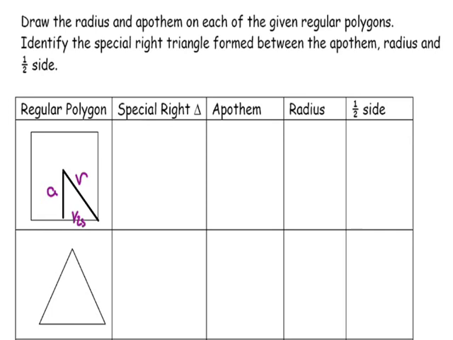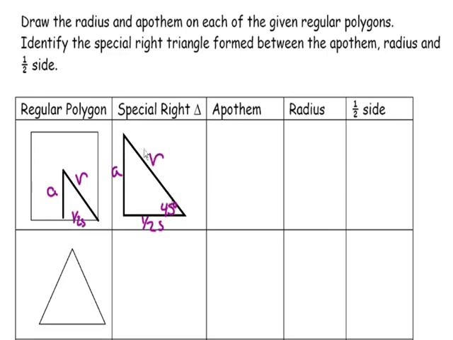The special right triangle that's formed, let me draw that, is a 45, 45, 90 right triangle. Because this radius bisects this vertex angle, this is a 45-degree angle right here. So this is a half side, this is my apothem, and this is my radius.